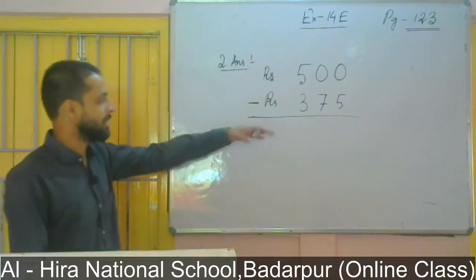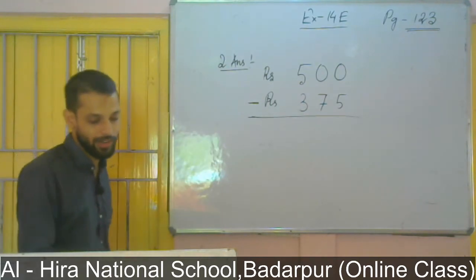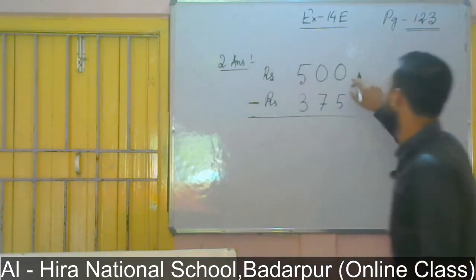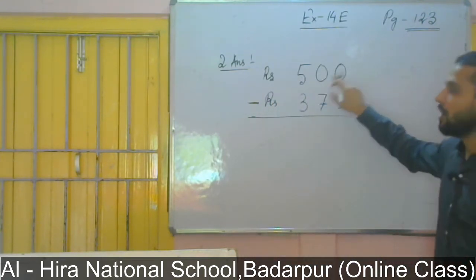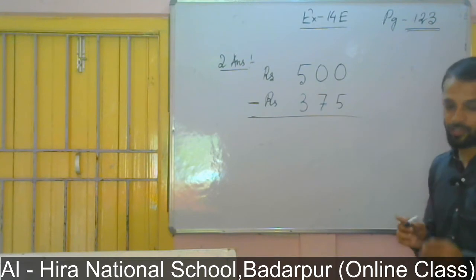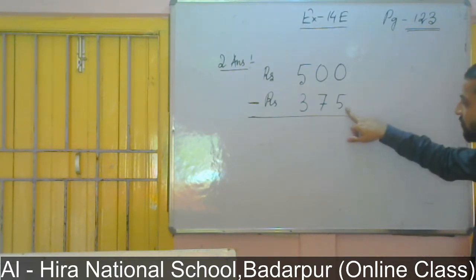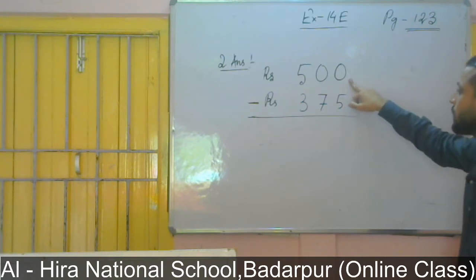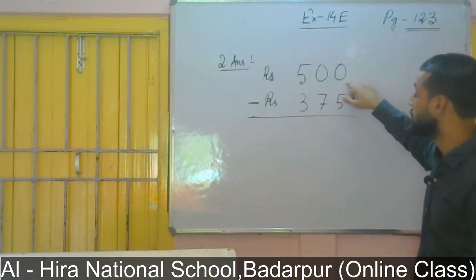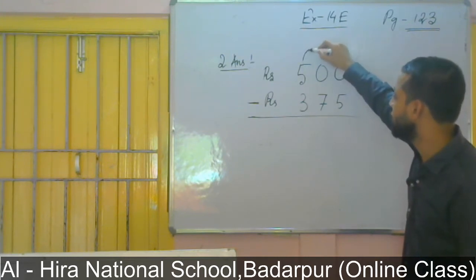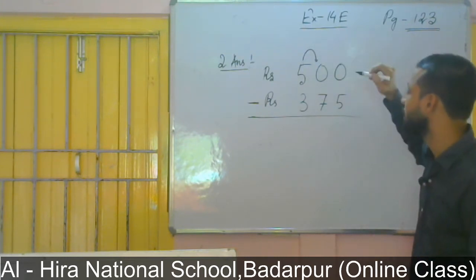After subtracting 375 from 500, we will get the amount of money the shopkeeper returned. Here we can see in ones place the digit is 0, tens place also 0, hundreds place 5. So we cannot subtract 5 from 0. That is why we have to carry 1. From where are we going to carry? We are going to carry 1 from 5.